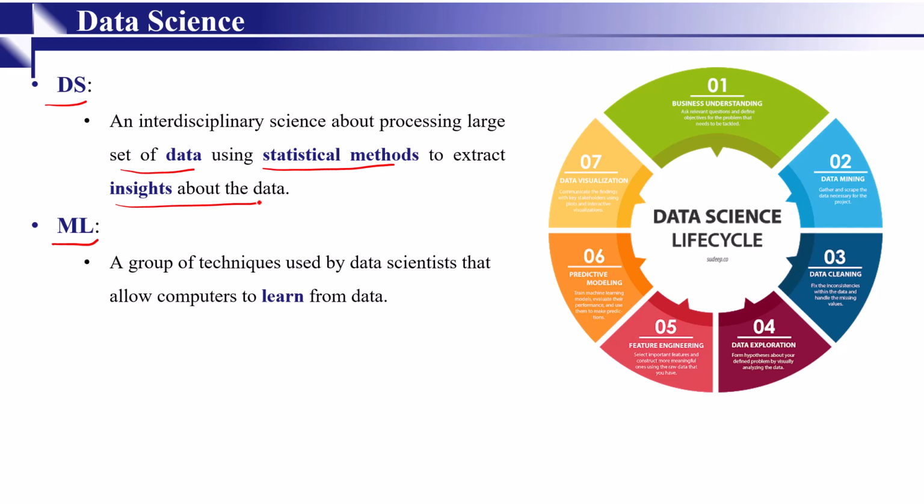So, this field combines statistics, programming, and domain knowledge in order to analyze and process large data sets, for example, data cleaning, visualization, predictive modeling, in order to uncover valuable insights. On the other side, we have machine learning. Machine learning is a subset of artificial intelligence, and it involves algorithms and statistical models.